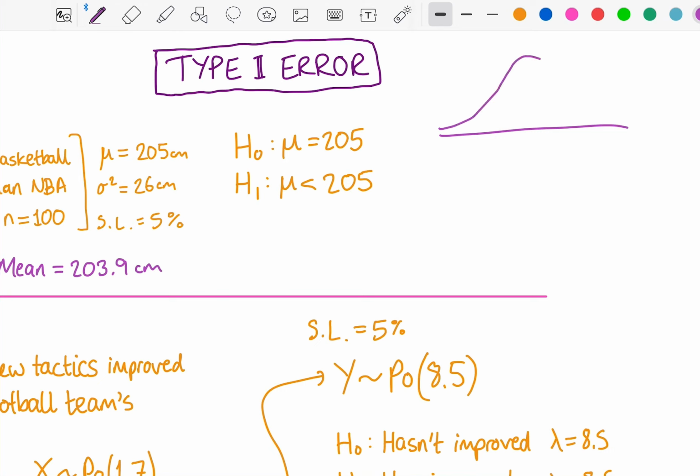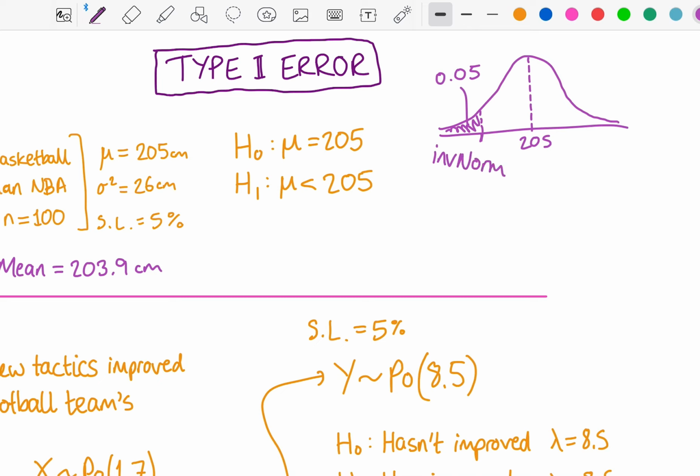We have a normal distribution because our sample is big enough, bigger than 30, and measuring it from 205, this probability is 5%. What is this upper bound, I should say? That is the critical region, less than this upper bound. And to find an upper bound, that would be inverse norm.